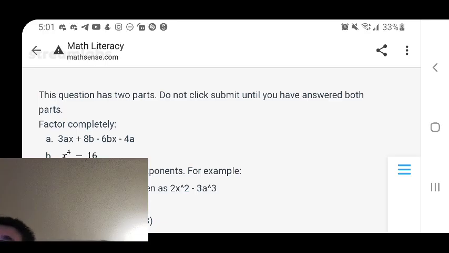3ax plus 8b minus 6bx minus 4a. Is that the answer? Factor completely. Wait, what?